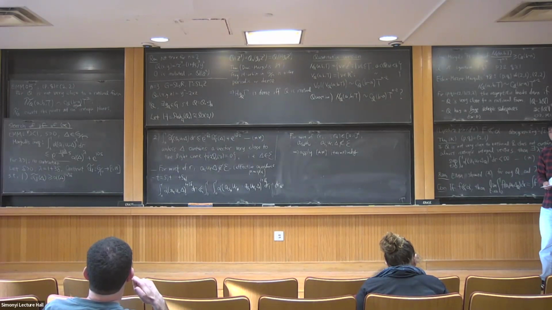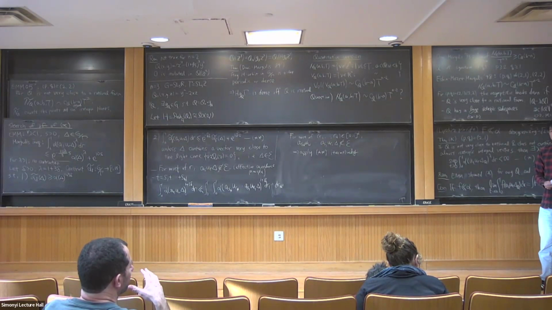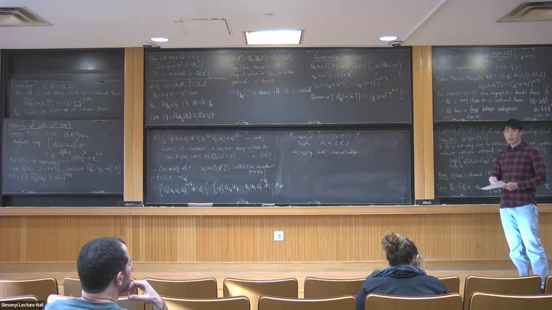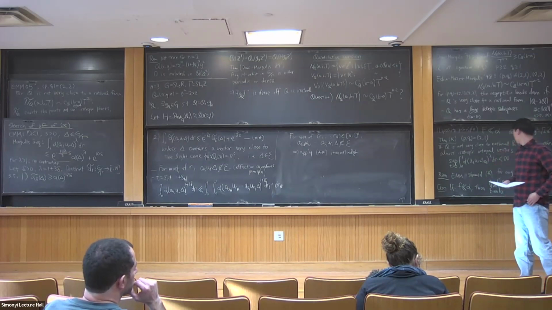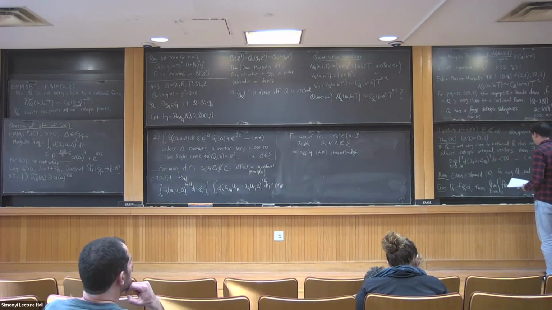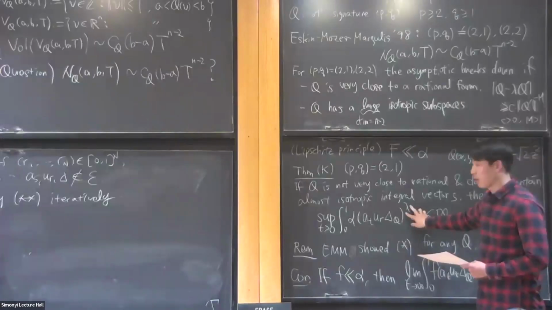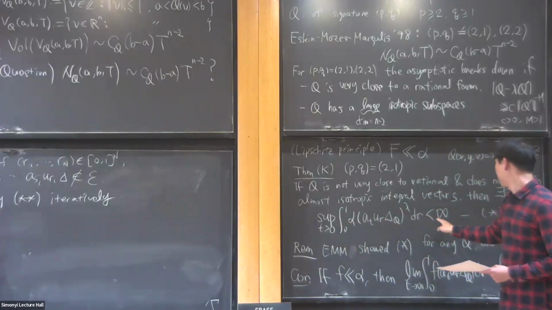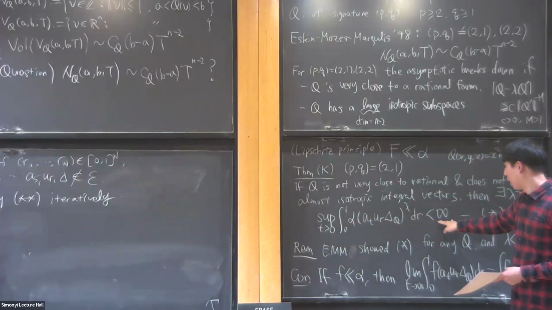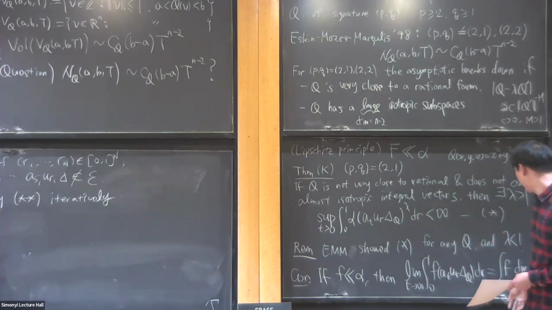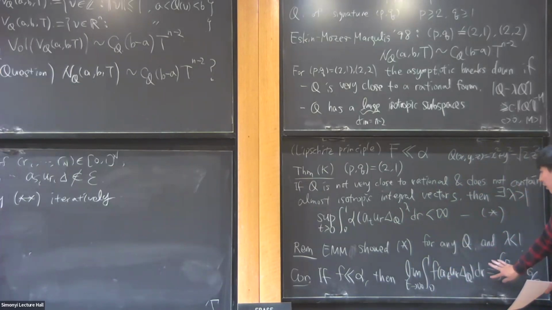First of all, so basically lambda equals 1 would be enough, right, for the application? Actually, you need any lambda strictly bigger than 1. If you only have lambda equal to 1, you know that the supremum is bounded, but it would only imply that this integral is bounded.